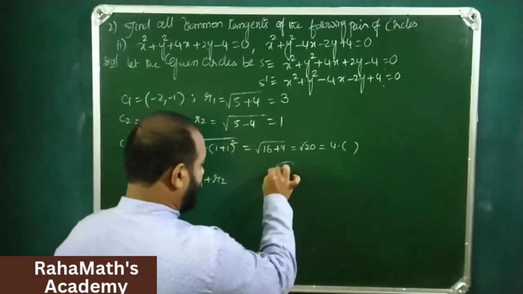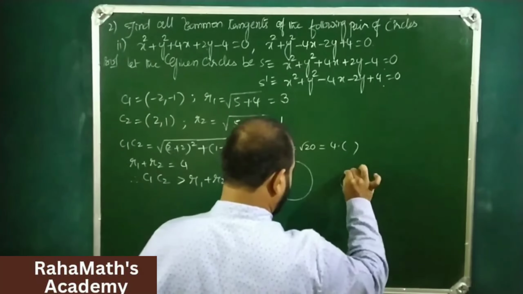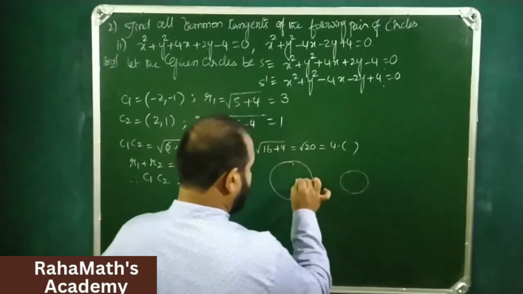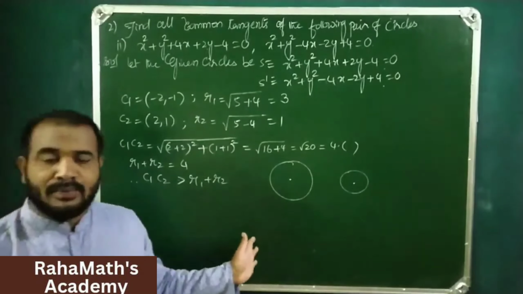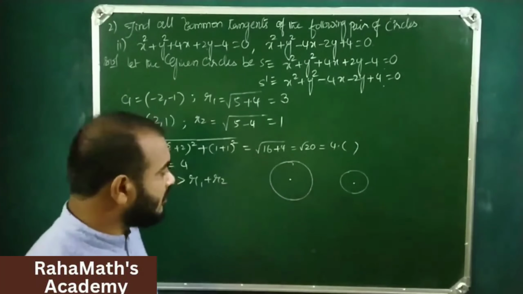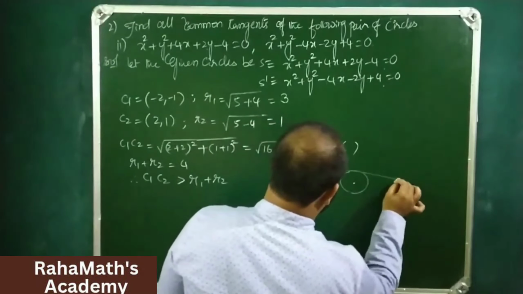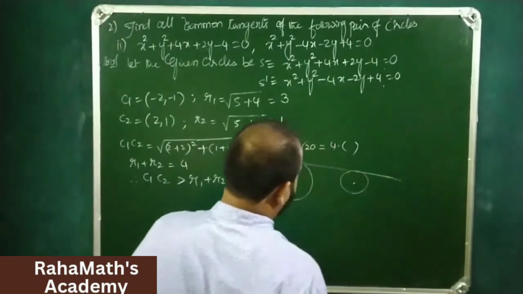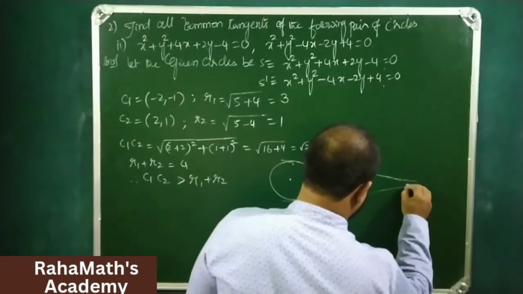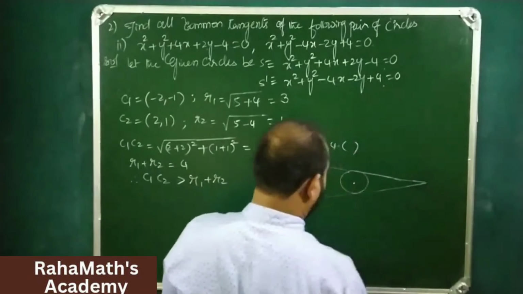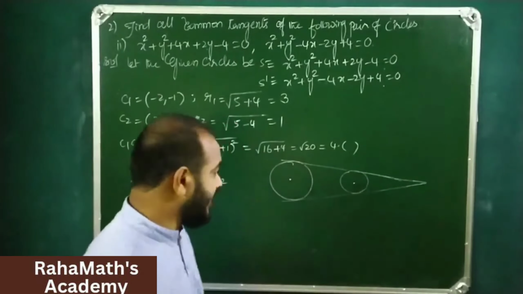Therefore the relative position of the two circles will be like this. That means one circle lies completely outside the other circle. Therefore, the total common tangents would be, so this is one common tangent and this is another common tangent. Let us suppose that these two are meeting at this point. What are these two? Direct common tangents.